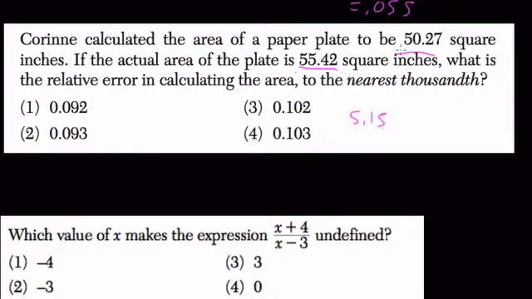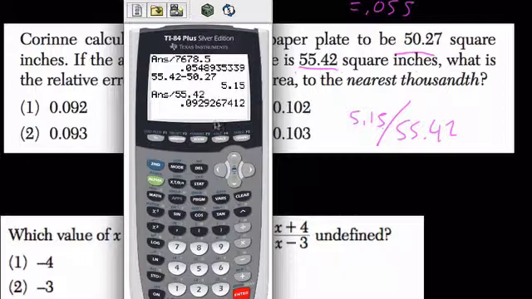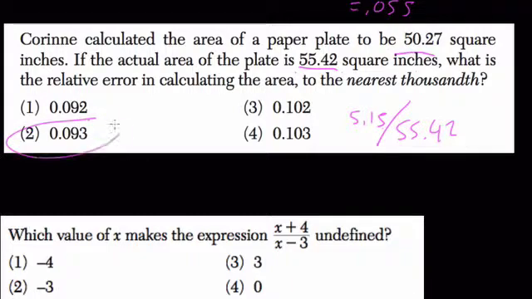But that should be out of the actual amount. So the actual is 55.42. So this number, 5.15 divided by 55.42. What do we get? 0.093, to the nearest thousandth. Choice 2.